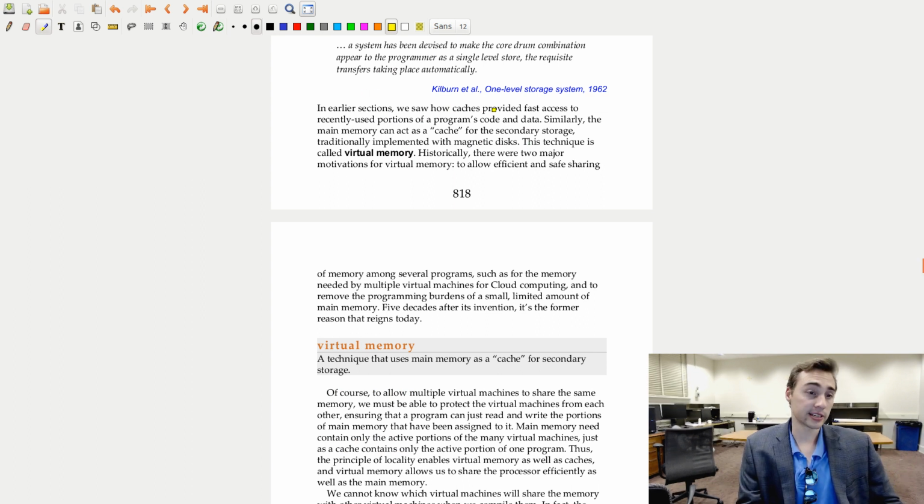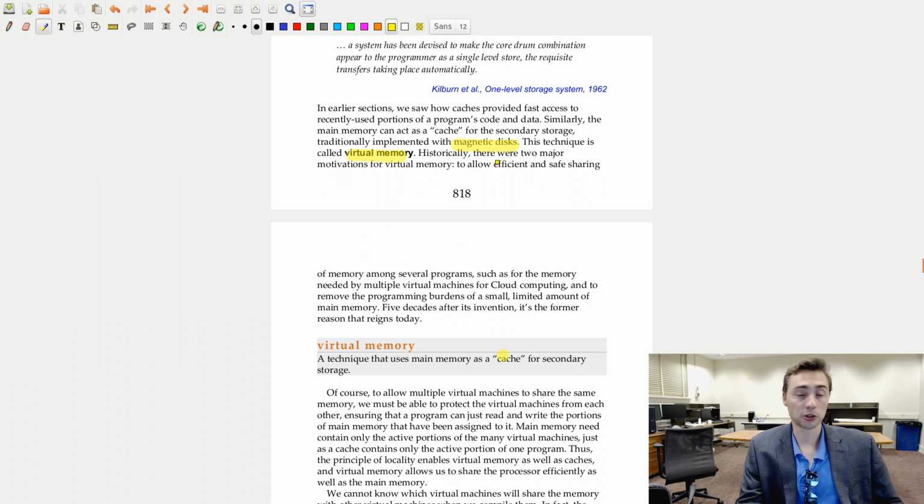In earlier sections, we saw how caches provide fast access to recently used portions of programs' code and data. Similarly, main memory can act like a cache for the secondary storage, traditionally a magnetic disk. This technique is called virtual memory. So we can pretend that things are in main memory even if they're on disk, and that's the idea of virtual memory.